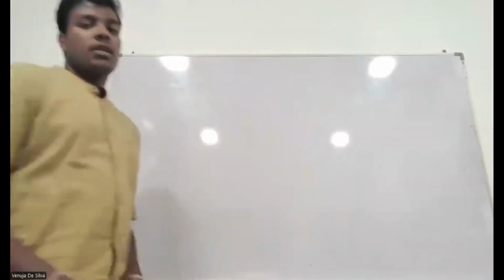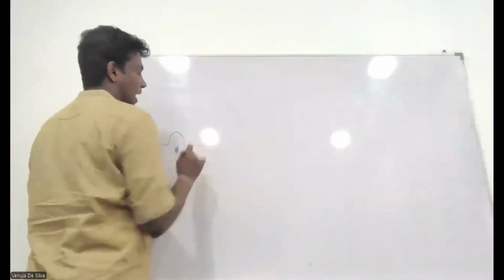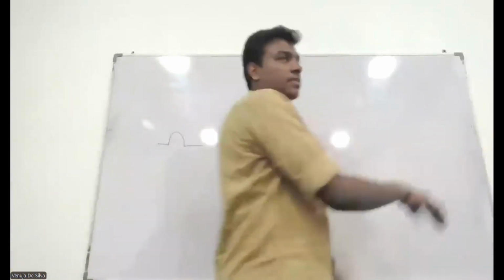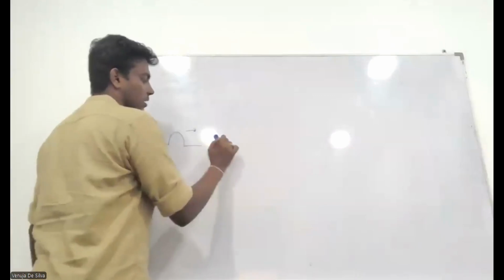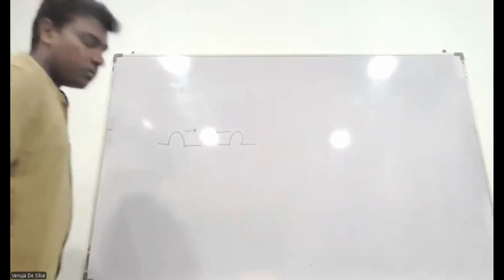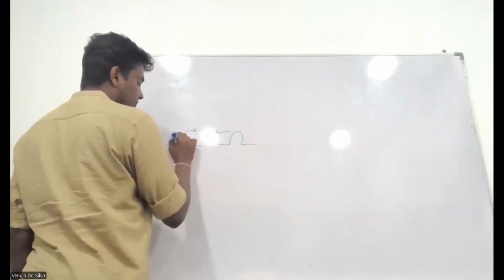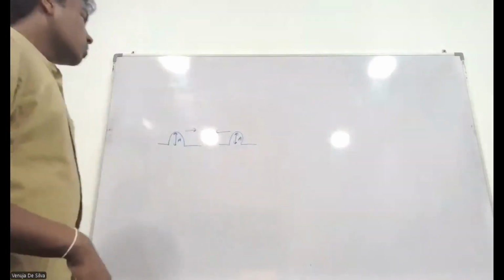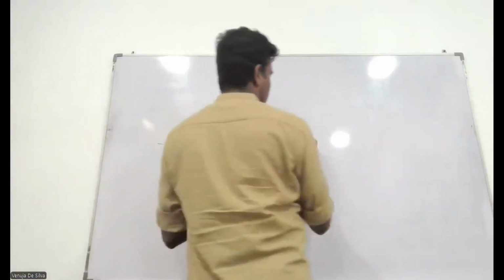So let's say there are two individual waves like this. Like a pulse, imagine a pulse is moving straight away up, moving in this direction. Then there's another pulse that is moving in this direction. The amplitude here is A, and the amplitude here is also A. So what would happen when they come together?